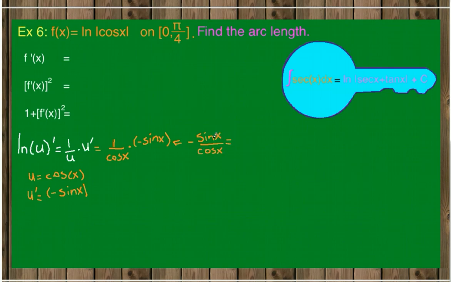And we know that sine over cosine is tangent. So we can go ahead and write down the derivative is negative tangent of x.